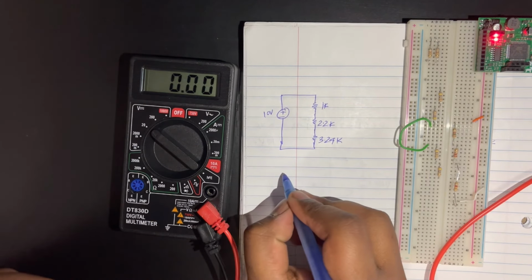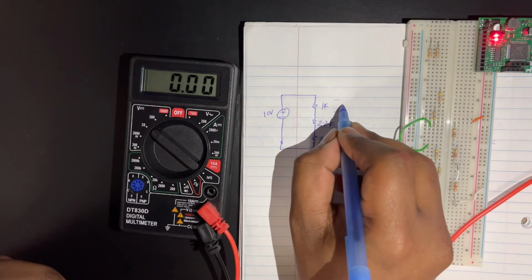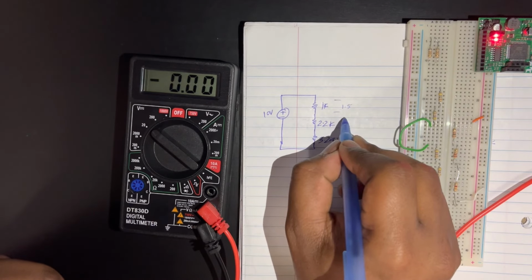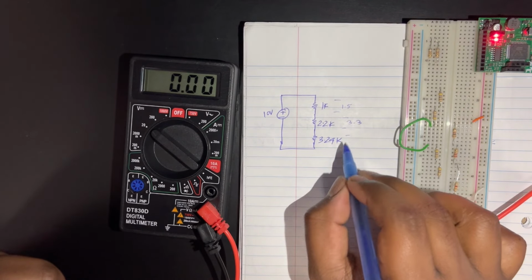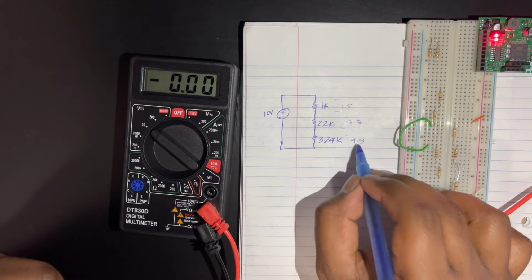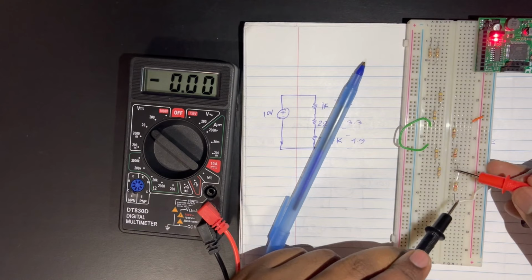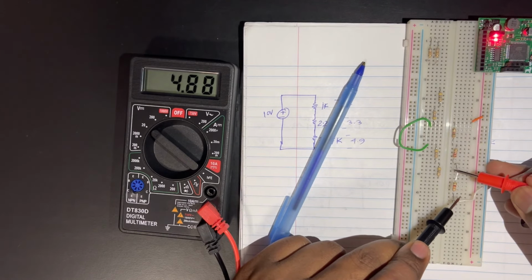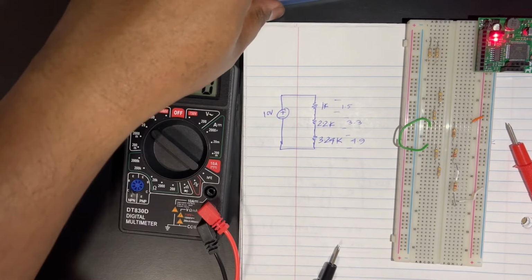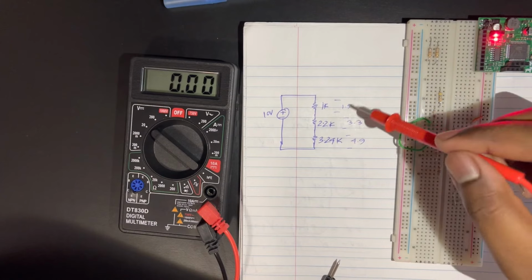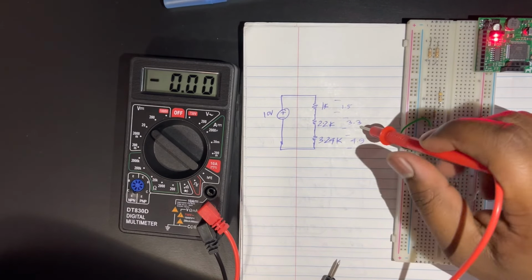So 1.5, 3.3, and 4.9, right? I just want to make sure about the last one. Yeah, 4.9. So I'll just add all of those up. So 1.5 and 3.3 is 4.8.